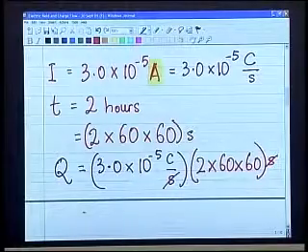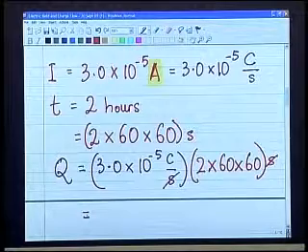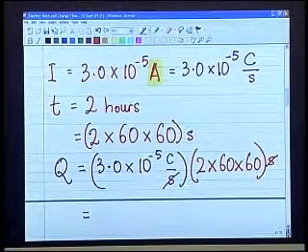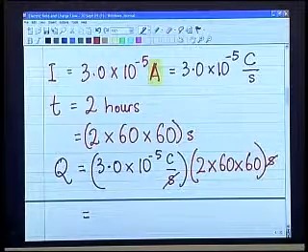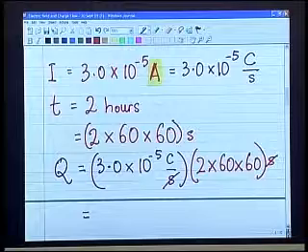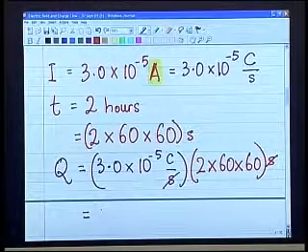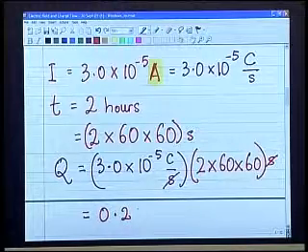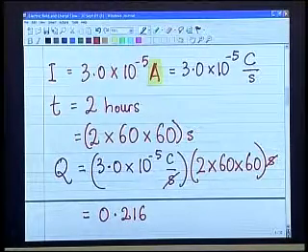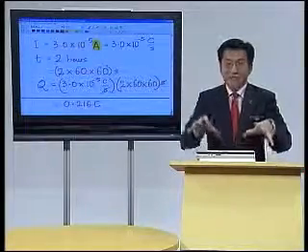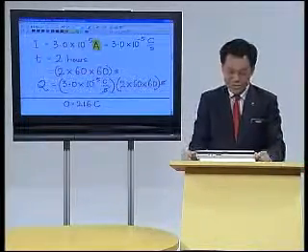Now you use it, check it a few times, multiply it, do your checking on the calculator, and you will be able to get your answer. All right, so your final answer will be 0.216 coulomb. So this is the final answer for this question.